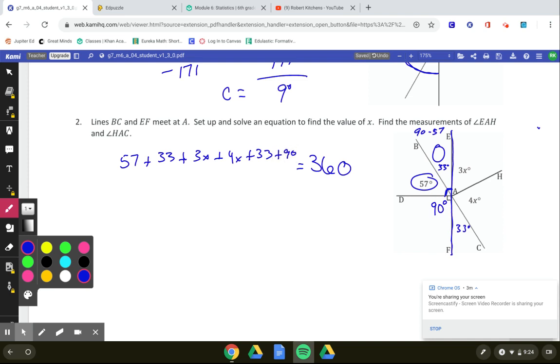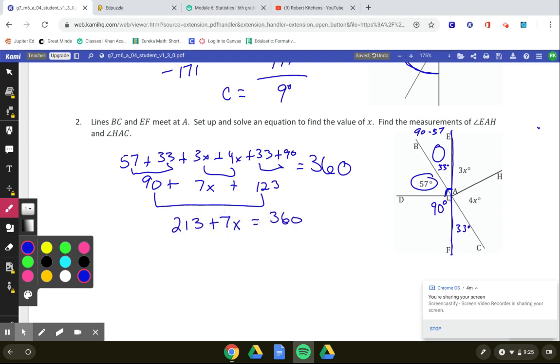I add all my like terms. I have 90 here, and I've got 123 here. I've added those 2. I've added these 2. And now I'm going to add my x's. I have 7x. I can combine 90 and 123, and I get 213. So 213 plus 7x equals 360.